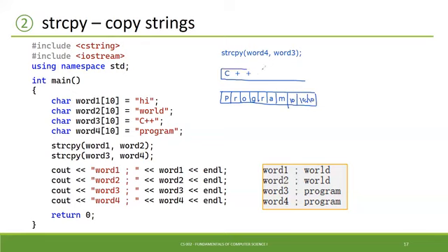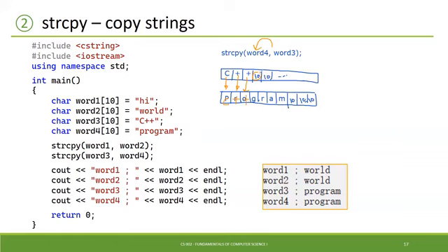And C++ is the same thing. However, this time we have seven null characters, right? 7 null characters. And string copy works this way. So this time from word 3 to word 4. So C is here, plus is here, another plus is here.